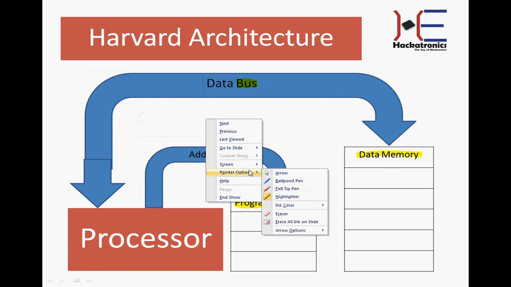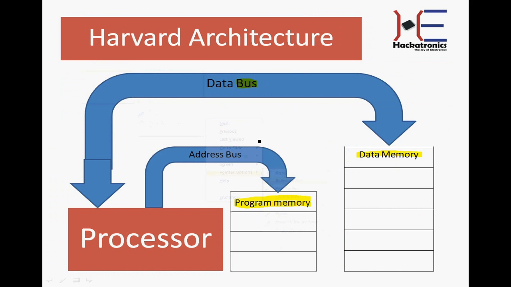What is a bus? Here, the bus refers to a group of wires that is used to connect two devices. Buses are of two types, data bus and address bus. Data bus is the bus that carries the data between the processor and the memory. Data is again values of various variables, constants, etc. I hope you know that a memory is divided into small blocks or segments known as memory locations.